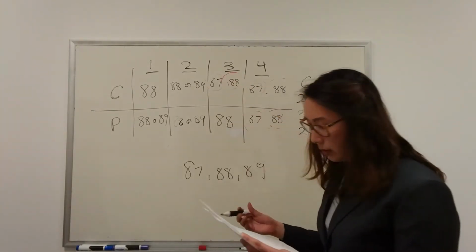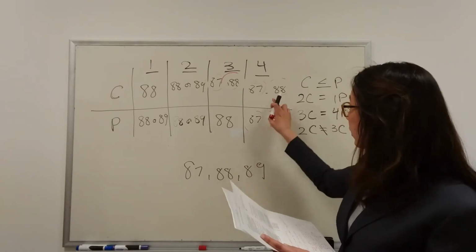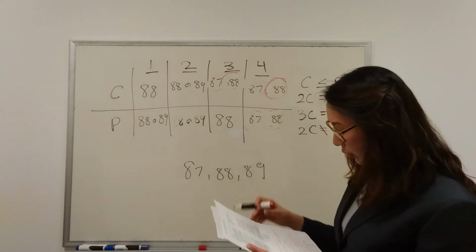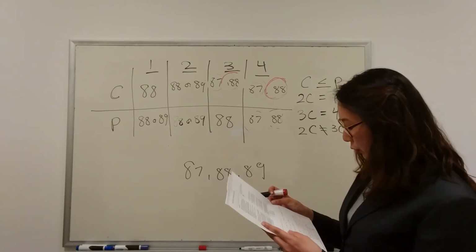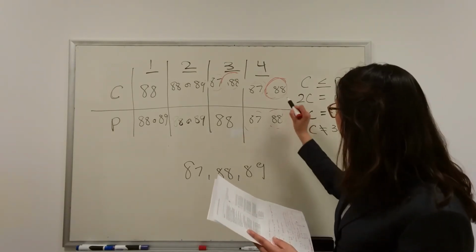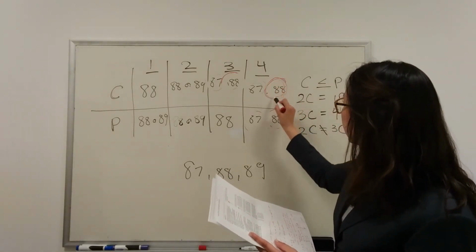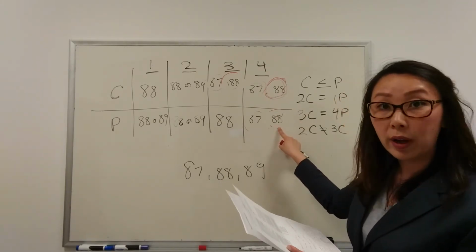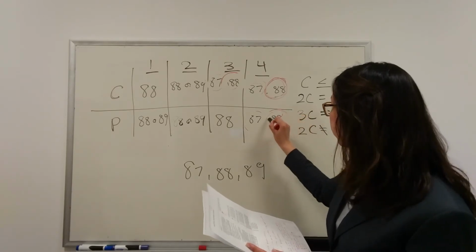If the computer in Office 4 was purchased in 88, then the printer in Office 4 must also have been purchased in 88.